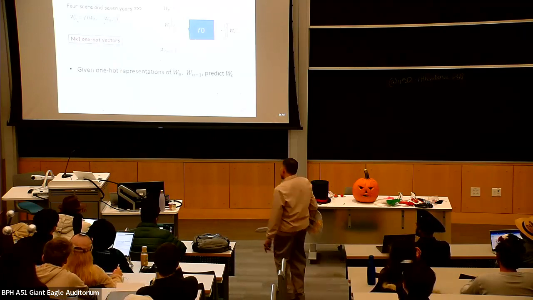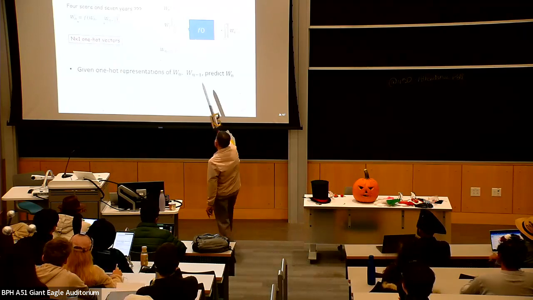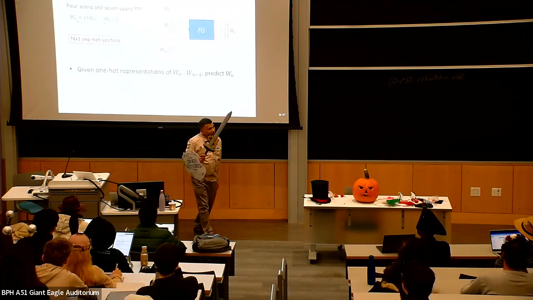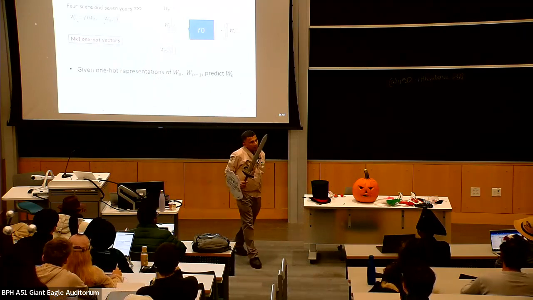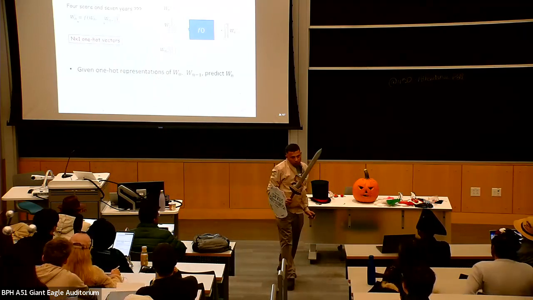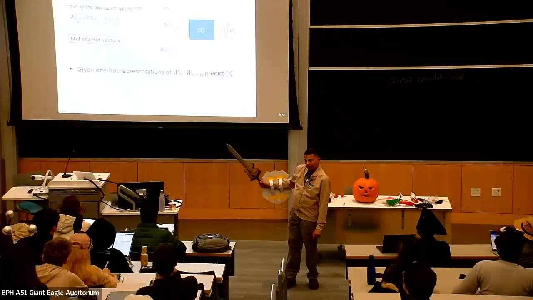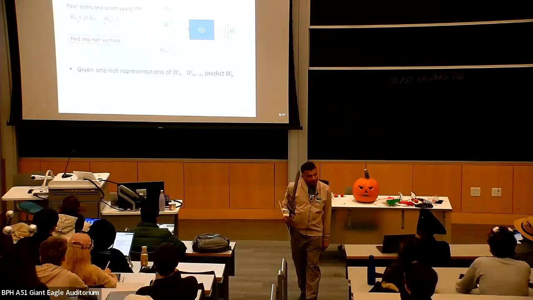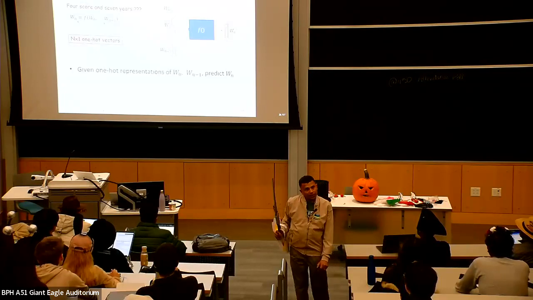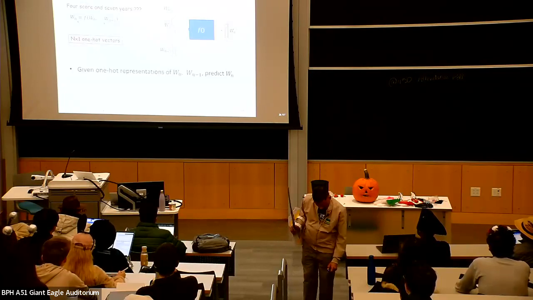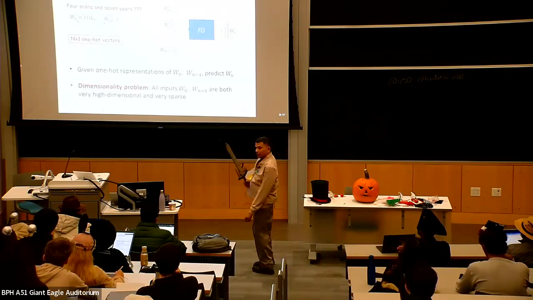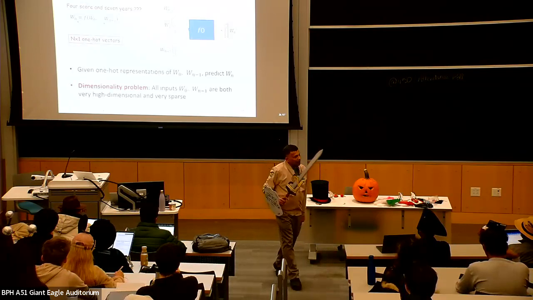So if I were to draw it differently, since everything is going to be represented as one-hot vectors, I'm going to have n one-hot vectors corresponding to the first n tokens in my sequence. It goes to my function, whatever the function might be. And the output is also going to be a one-hot vector, which represents the next token in the sequence. So far, so good. Here's a problem. Going back to my example of Russian.